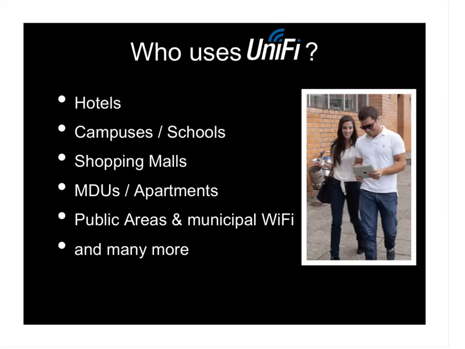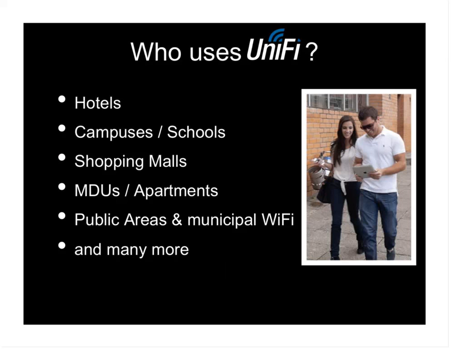So let's talk a little bit about who uses UniFi and just give you some quick examples. The UniFi product is used by a pretty broad variety of different customers, lots of users in hotels and various types of hospitality or retail institutions, businesses, of course, of all different shapes and sizes. A tremendous number of users in campuses and schools.